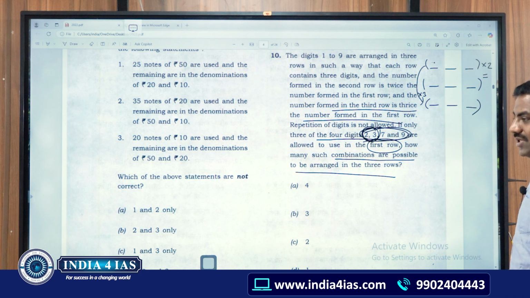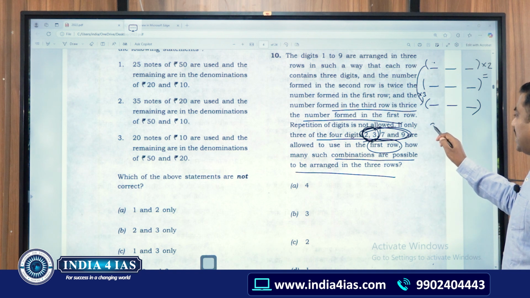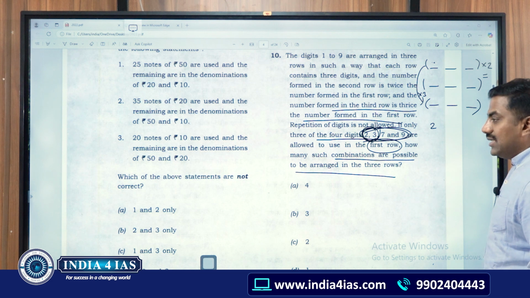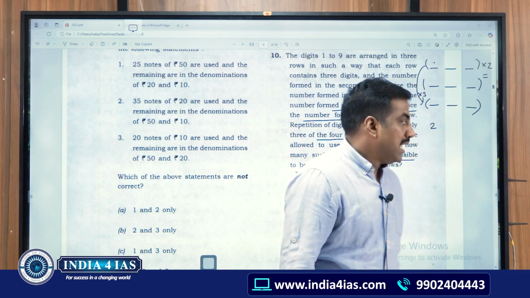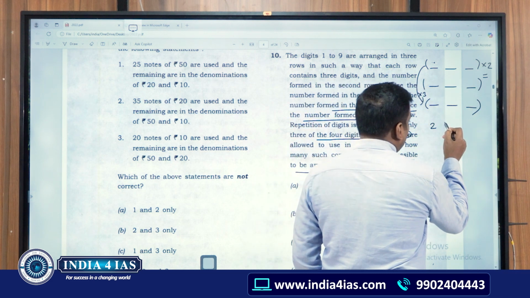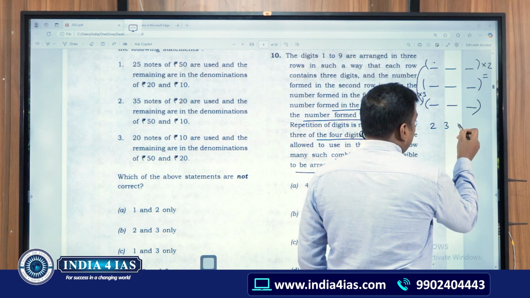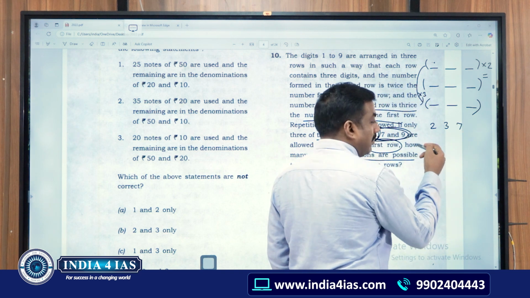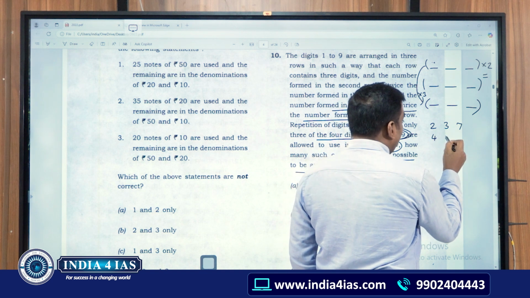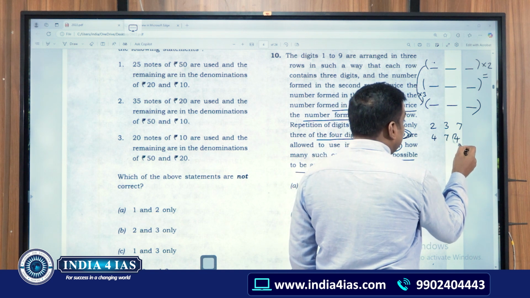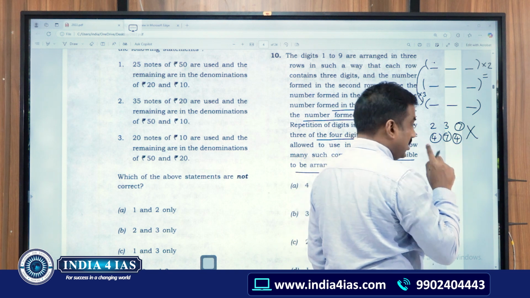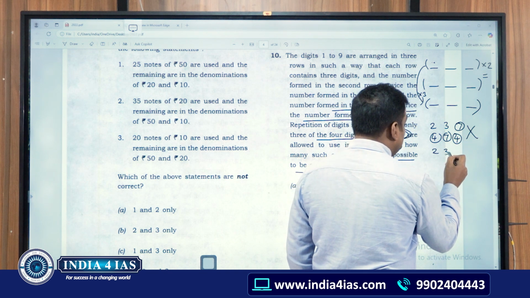In that case, if I take 2 as the first number, second number can be anything, but I will start with the smaller number among them, 2, 3, and this is 7. 2, 3, 7. Now double this number will get 474. Again, these two are repeating, so this is not my number. Next, I will take 2, 3, 9.